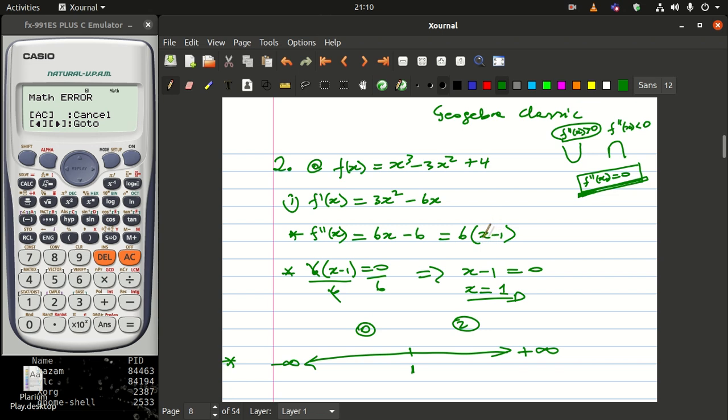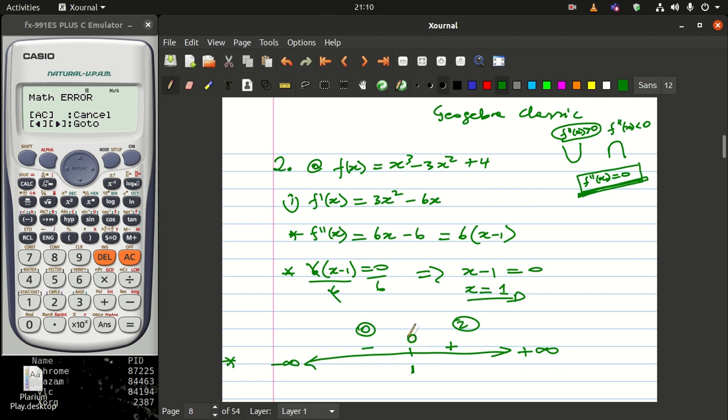So if I'm plugging in 0, 0 minus 1 is going to be negative 1. Negative times a positive is going to be negative. So we have a negative here. And then I take this 2, I plug it in the second derivative, and when I'm plugging it there, 2 minus 1 is going to be 1, which is positive. Positive times a positive is going to be positive. So we have a positive number here.